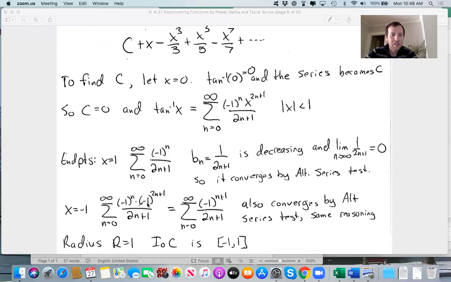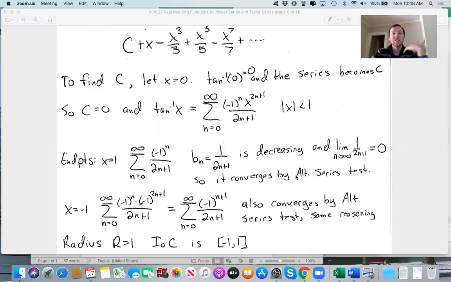And what happens is negative 1 to the 2n is 1 because you're raising it to an even power. So there's just an extra factor of negative 1 coming from here. So we can combine all our negative 1s together in the top to be n plus 1. This, again, is an alternating series, and you write down literally the same two lines.